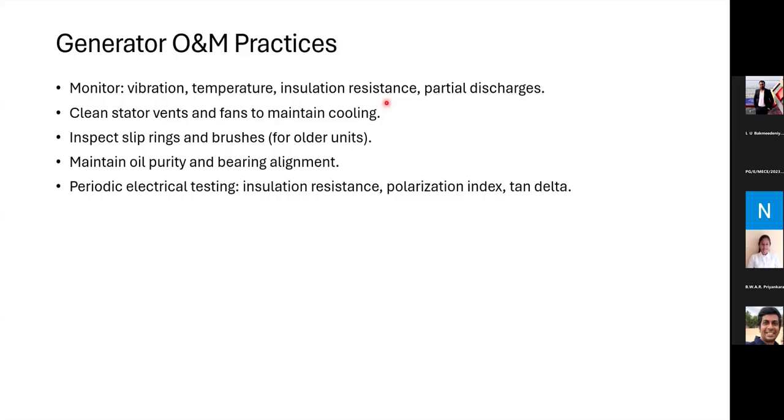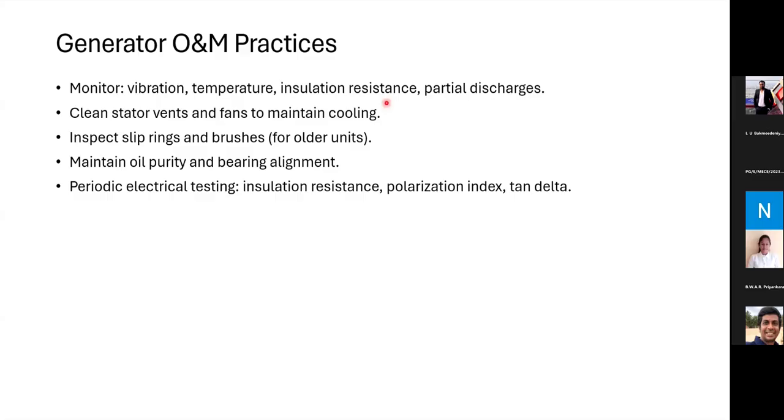So we need to make sure that proper insulation is maintained throughout, and that insulation resistance should be measured frequently when we have outages. We can only measure insulation resistance when the generator is on outage, and that needs to be correctly measured and reported.